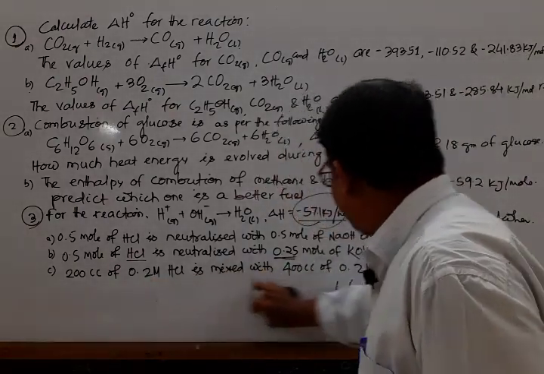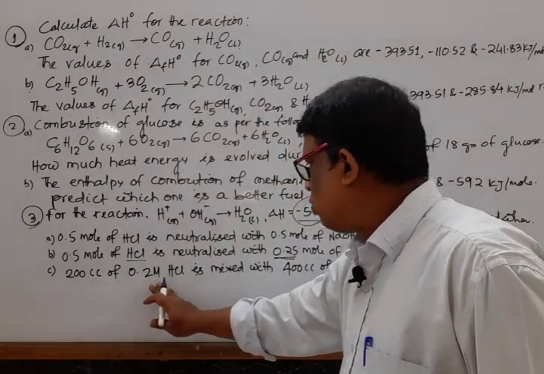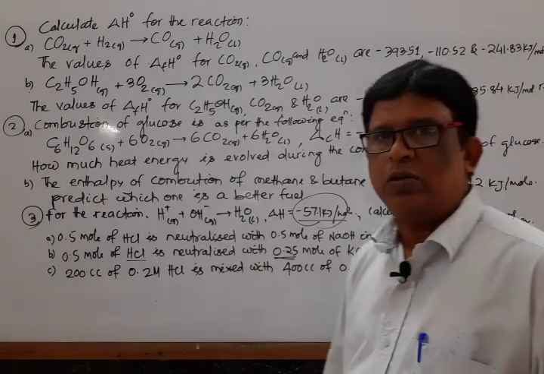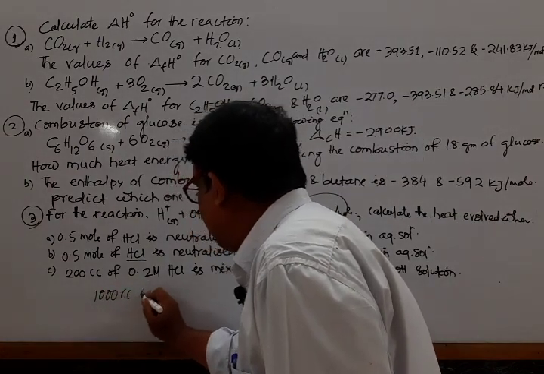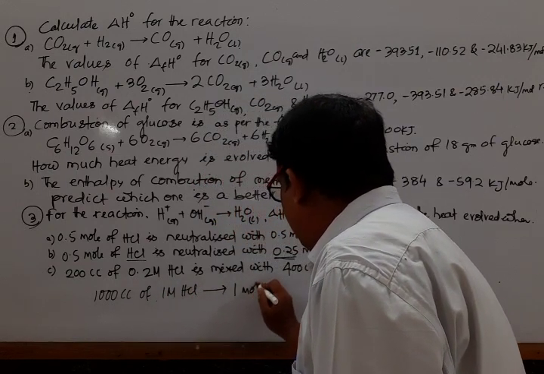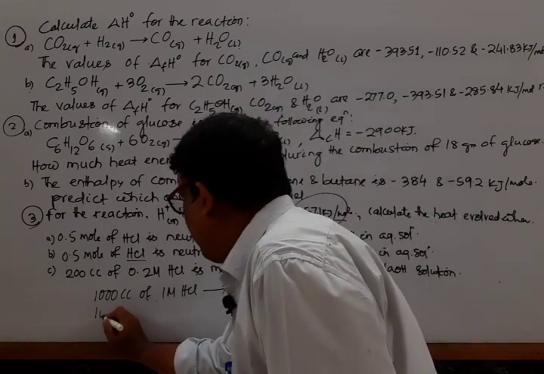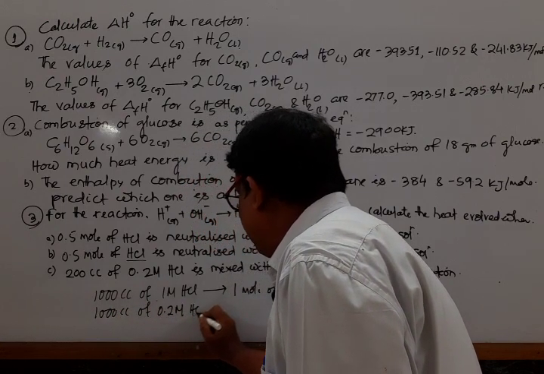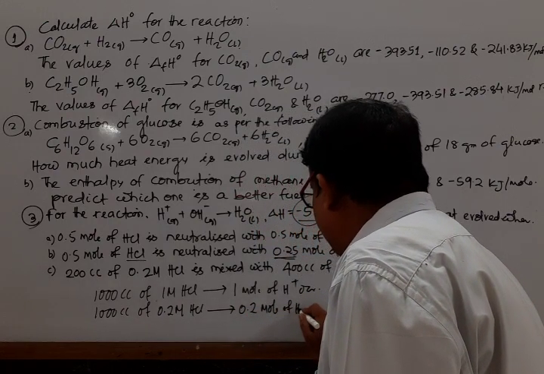Okay, move to the third one. What is the third one? Mark that: 200 cc of 0.2 molar HCl is mixed with 400 cc of 0.2 molar NaOH solution. We know that 1000 cc of 1 M HCl produces 1 mole of H plus ion. So 1000 cc of 0.2 M HCl produces 0.2 mole of H plus ion.